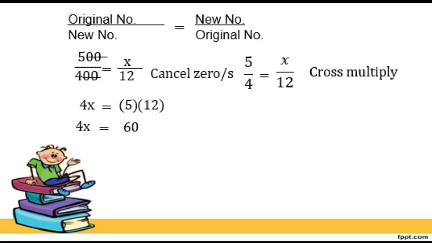After that, we have to divide all terms by 4. So 4x divided by 4 is x, and 60 divided by 4 is 15.